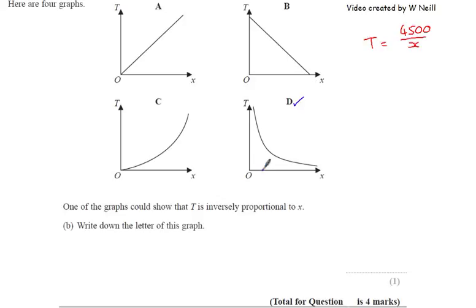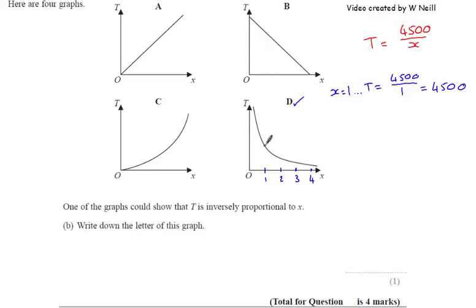I'm going to put in some values of x. I'm going to put in 1, 2, 3, and 4. Right. So when x is 1, T is going to be 4,500 divided by 1, which is 4,500.